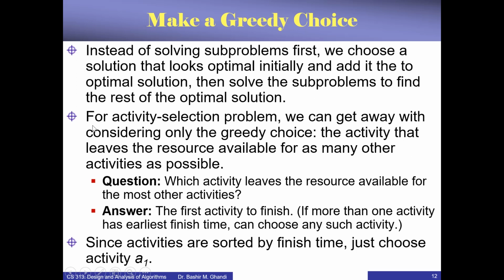It is likely that if we choose the one that finishes first, which is A1, we will be able to leave more time for the rest of the activities, and therefore eventually select more activities. So this is how we're going to solve it rather than trying to look for all possible options. We're going to assume A1 belongs to the optimal size subset among the optimal solution.